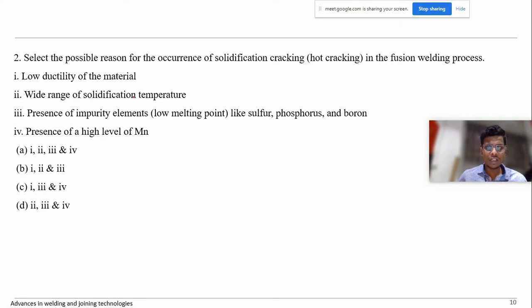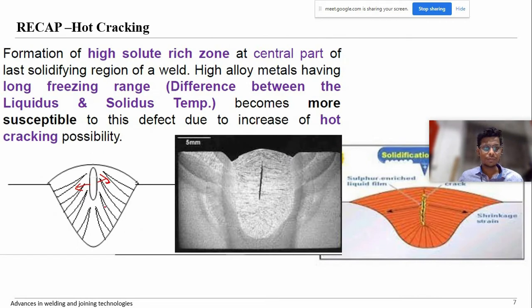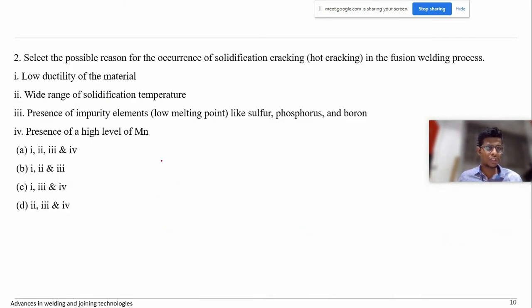So low ductility of the material, and also if the wide range is there, the central region will get more time, and it will be in the liquid state for more duration. So due to that, the already solidified metal will be applying tensile residual stresses. Due to that, hot cracking happens. So the 2 is also correct.